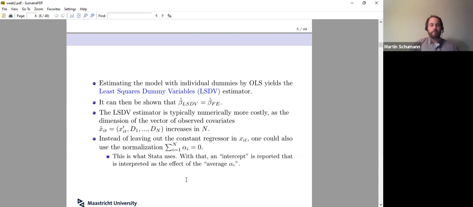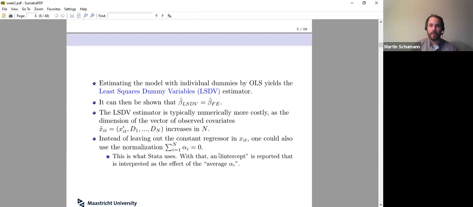Now, of course, you could also do something different, and this is actually what Stata does. All you have to avoid is that these individual dummies, or the fixed effects, are collinear with, for instance, an intercept. So Stata actually sometimes reports an intercept even if you have fixed effects in the model.